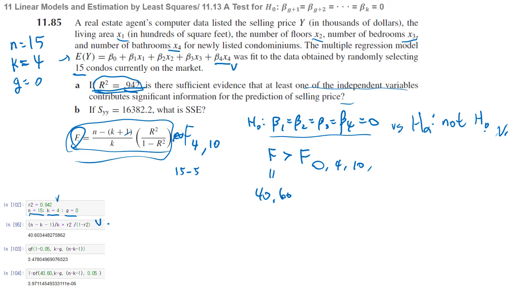If we have a significance level alpha, let's say our alpha level is 0.05, then the critical value is 3.478, and this one is very large, so we reject the null hypothesis.